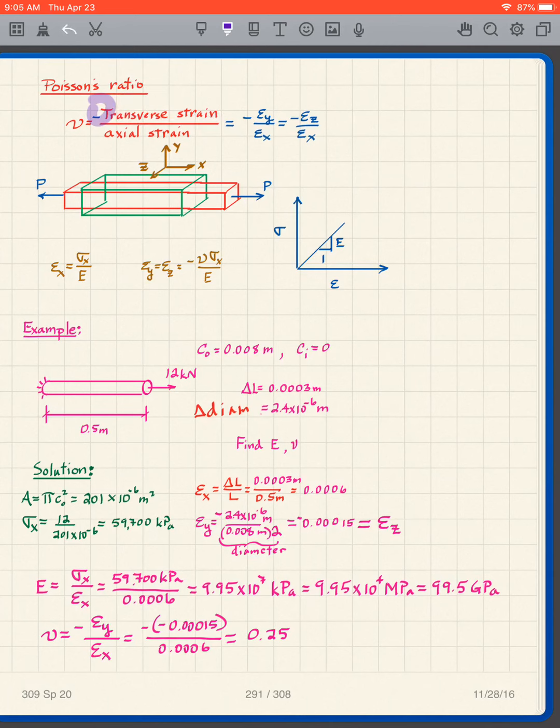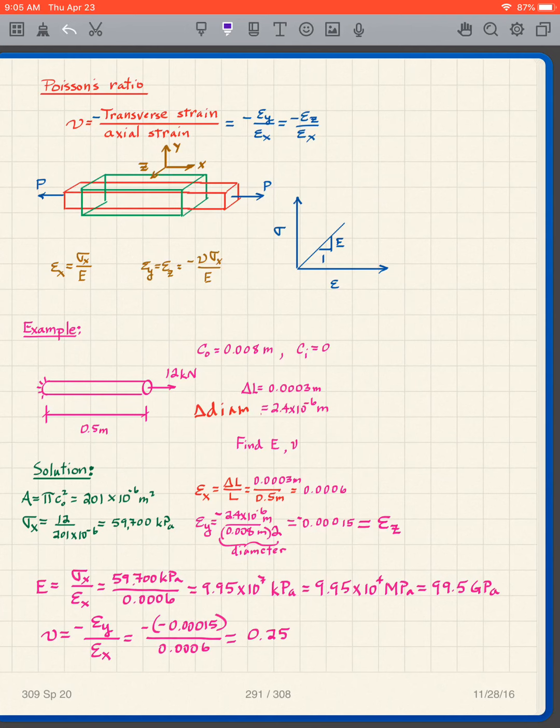What do I mean by that? If I take, for instance, this green cube, whatever you want to call it, and I apply a tensile force at the end P, then what do I get?